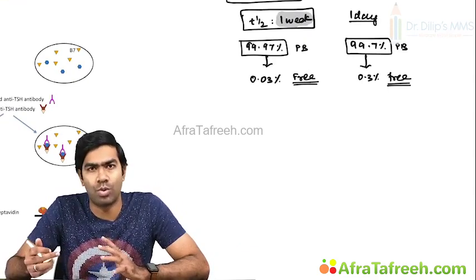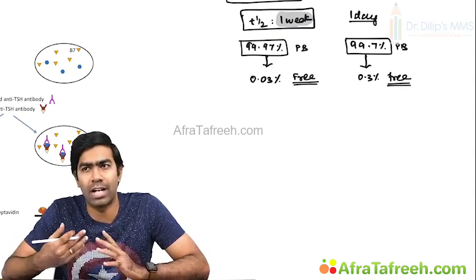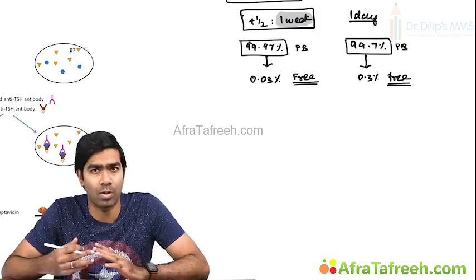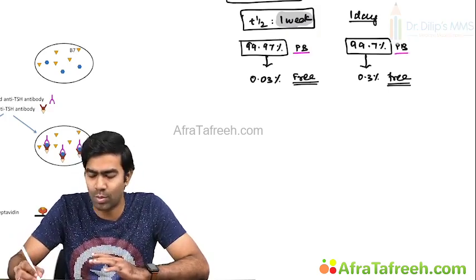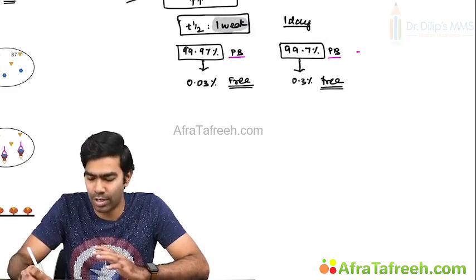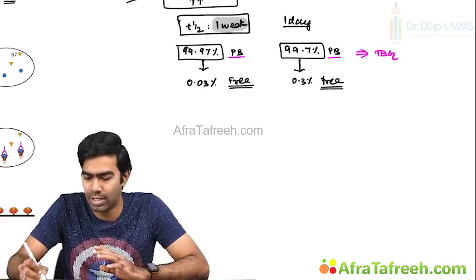That also tells you one important concept: what are the binding proteins, that we also have to know. So much of them are protein bound, so what is the protein that is binding them? We already saw in the physiology section that there are 3 proteins that bind them. One is the TBG.